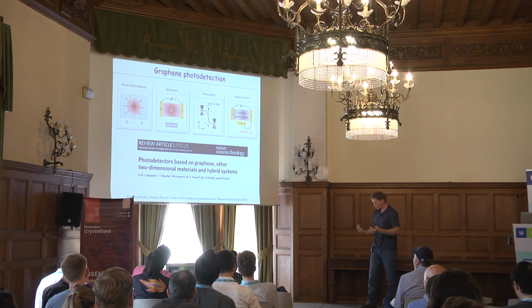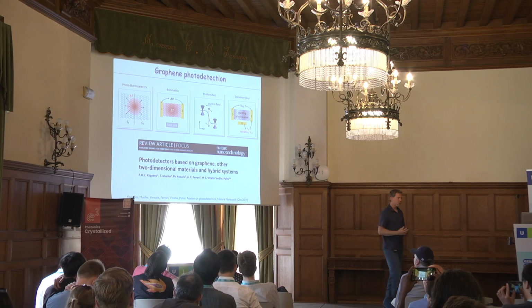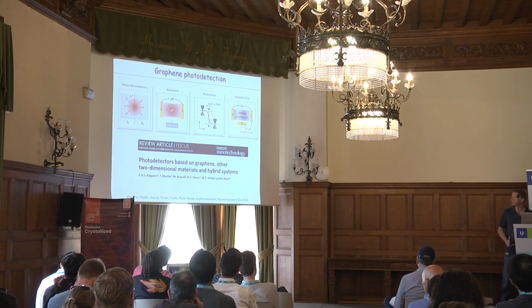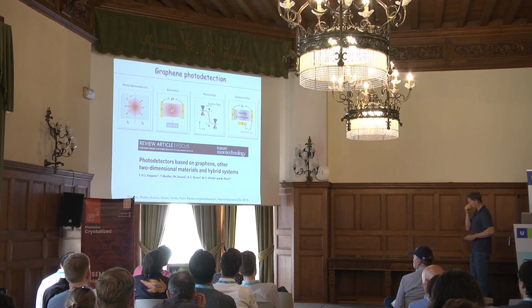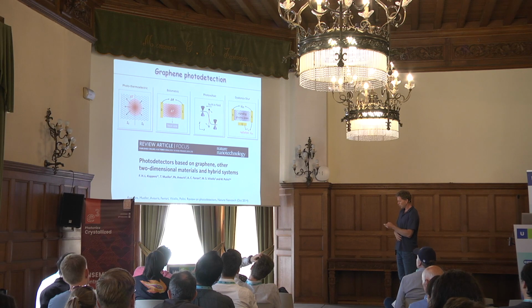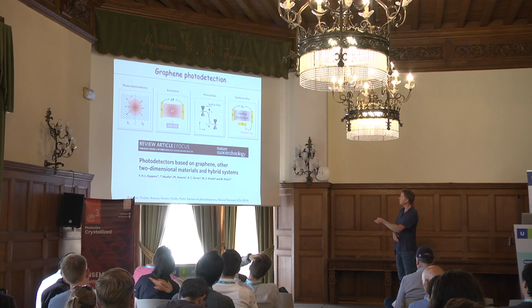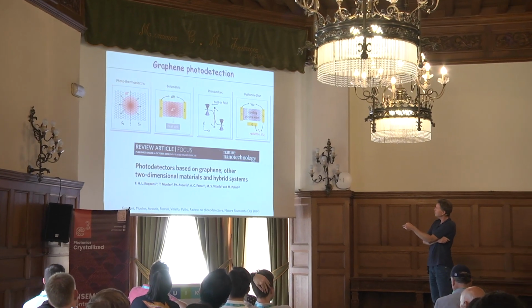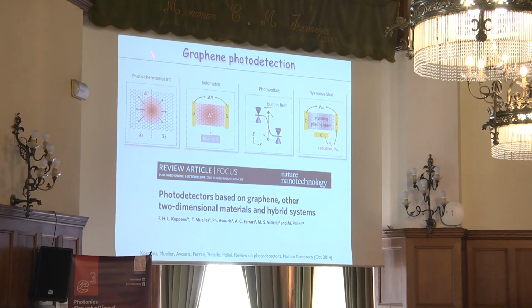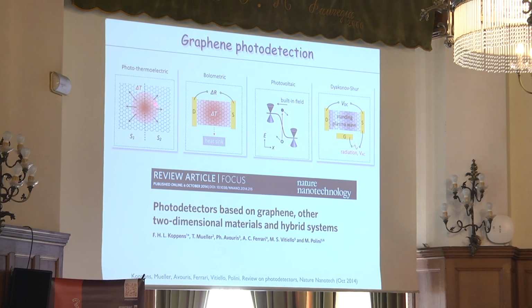Okay, so what I'm going to do now is to focus a little bit on graphene, because it's easier to explain the mechanism, it's well understood. And then I will again mention different systems. So in graphene, you have different photodetection mechanisms. For example, the photothermoelectric effect, where basically heat generates a voltage.